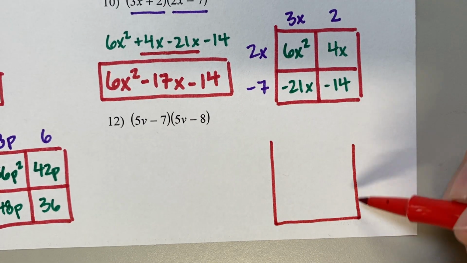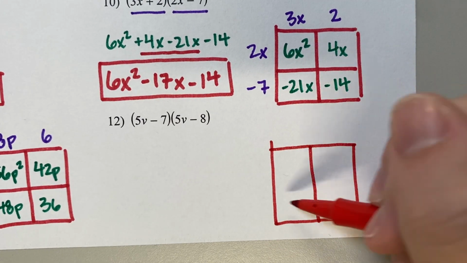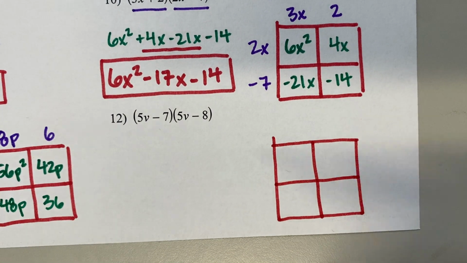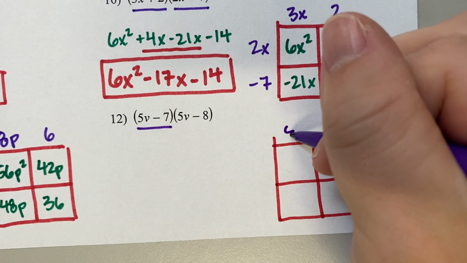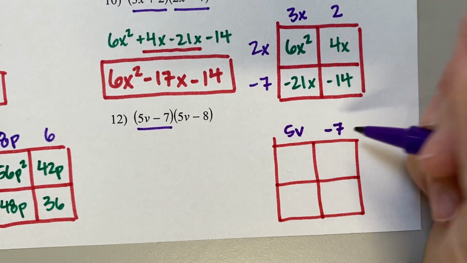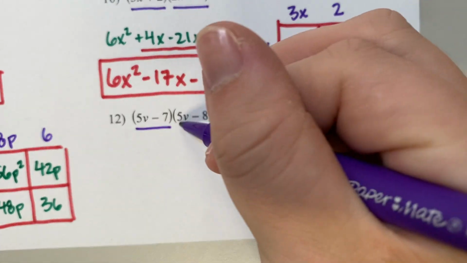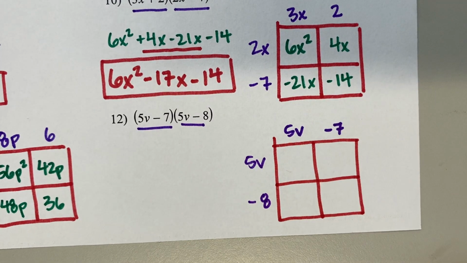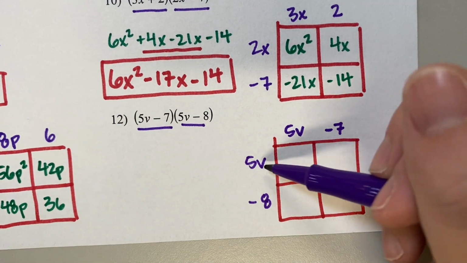Okay, let's do this one more time. Give yourself a box with 4 squares. I'm going to place my first binomial on top, 5v minus 7. And 5v minus 8 down the side. Now I multiply.